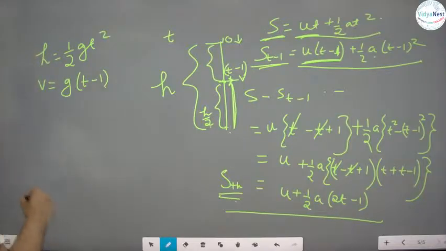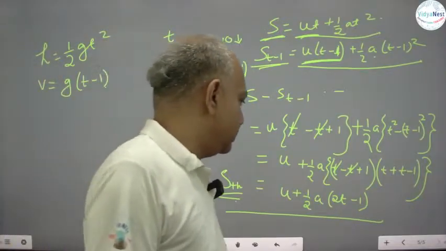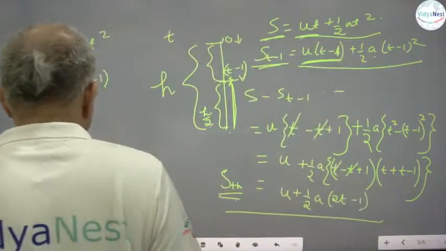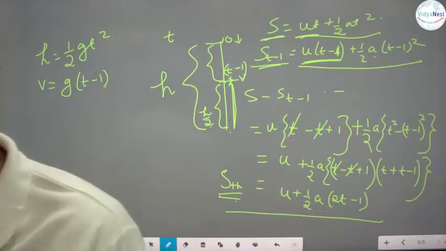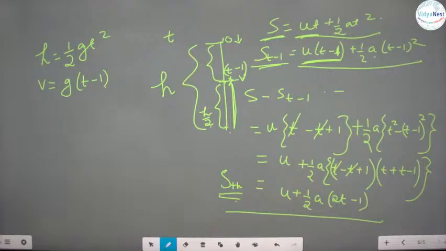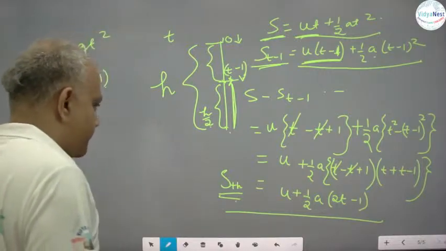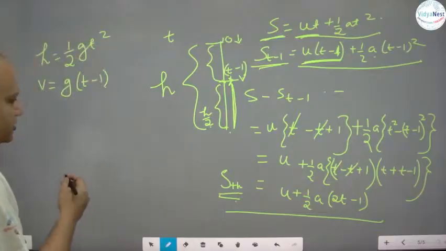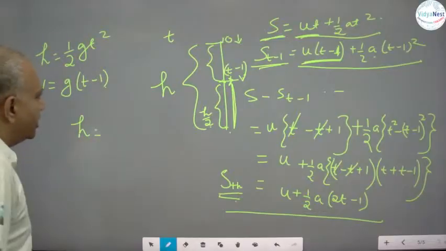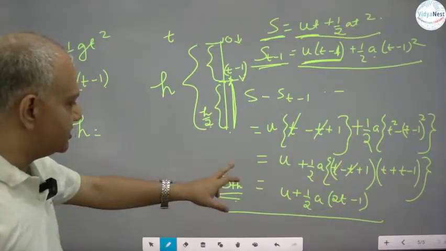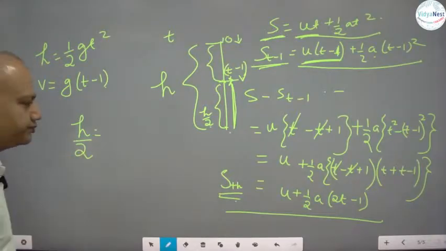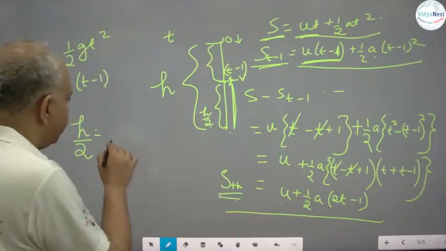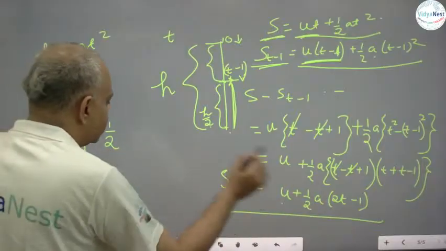We can observe from here that if the value of h is given, so just like we can put it this way, h. We don't require all these things. This is the h. What is this h? Half h by 2. u is 0. Then a half. What is this a? This is g.